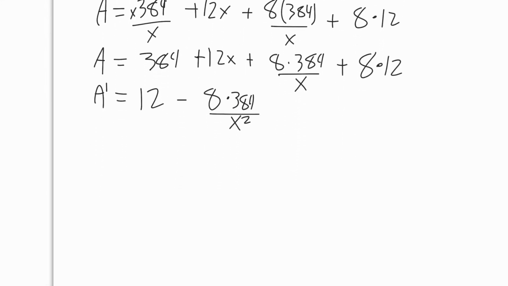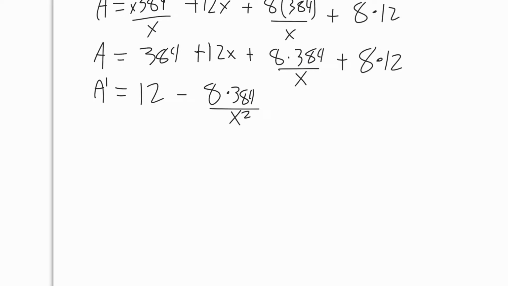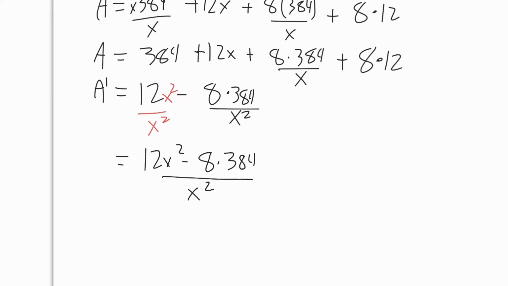So we're going to go ahead and simplify this. So we're going to put this over x squared. So that'll give me 12x squared minus 8 times 384 over x squared.